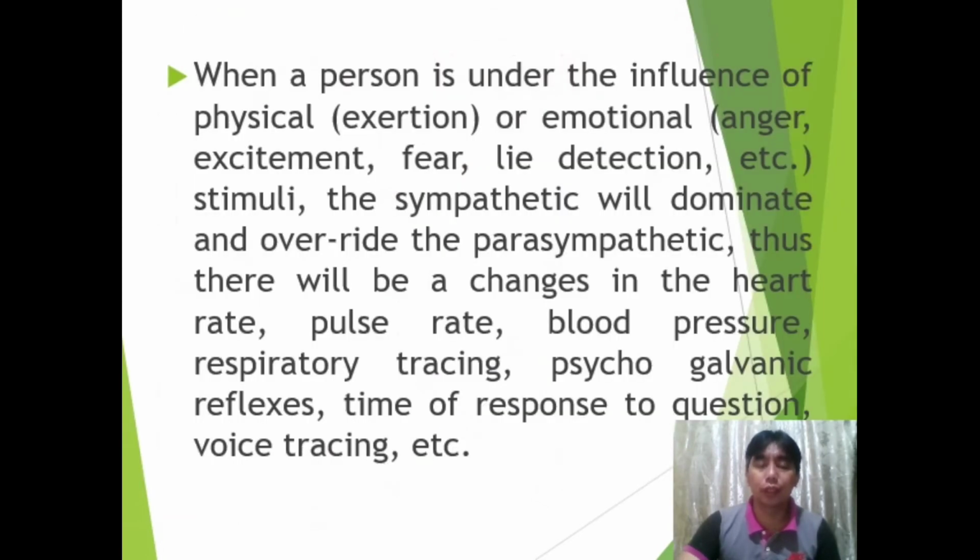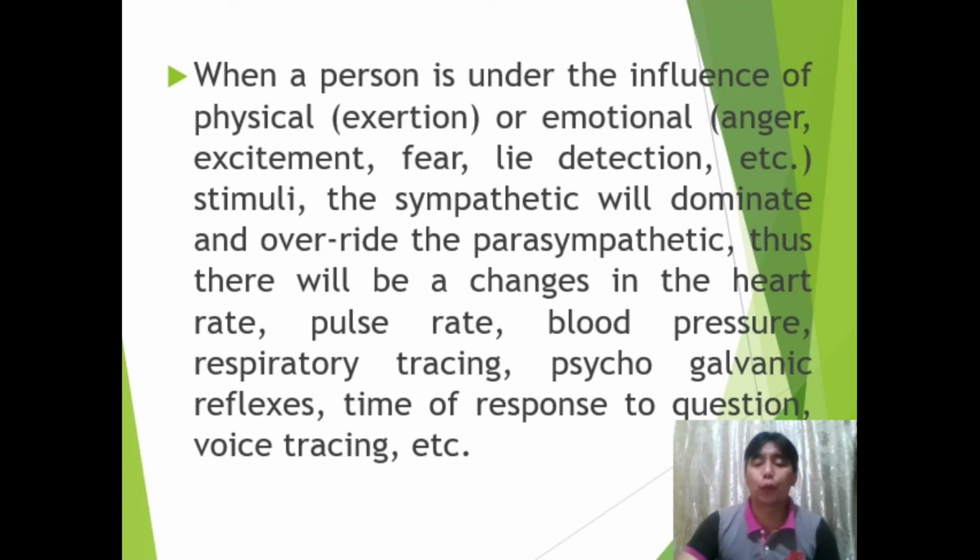So this is a further explanation of the topic on sympathetic and parasympathetic or physiological activities. When a person is under the influence of physical or emotional anger, excitement, fear, light detection, etc., stimuli, the sympathetic will dominate and override the parasympathetic. Thus, there will be changes in the heartbeat.